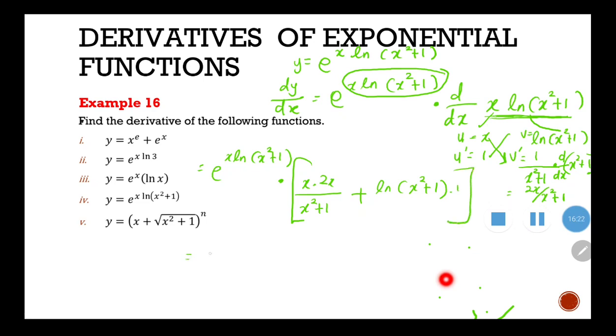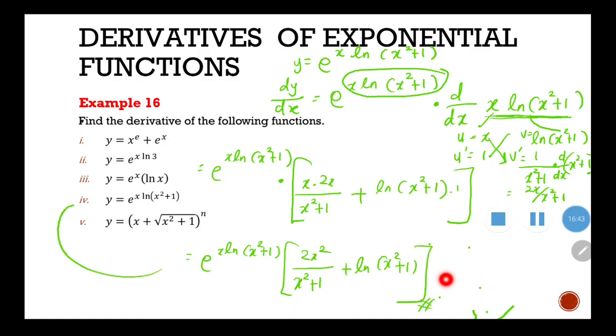Write it back nicely: 2x square over x square plus 1 plus ln(x square plus 1). And this is the final answer for question number 4.